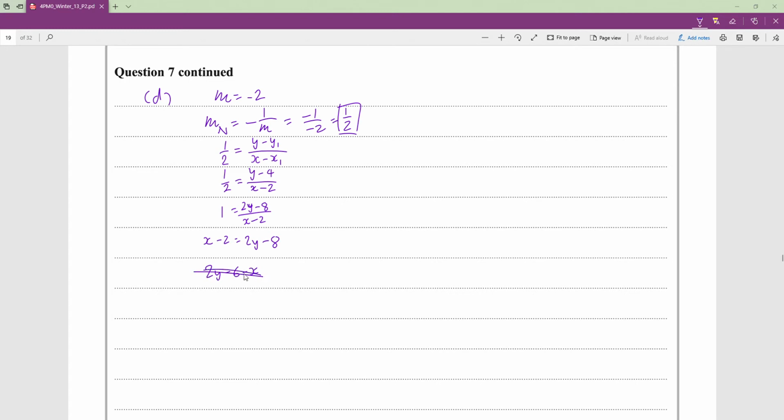Or it would be nicer phrased as 2y minus x minus 6 is equal to 0. Because we're adding 2 to both sides here, and we're subtracting x from both sides here. So that's our equation of the normal line.